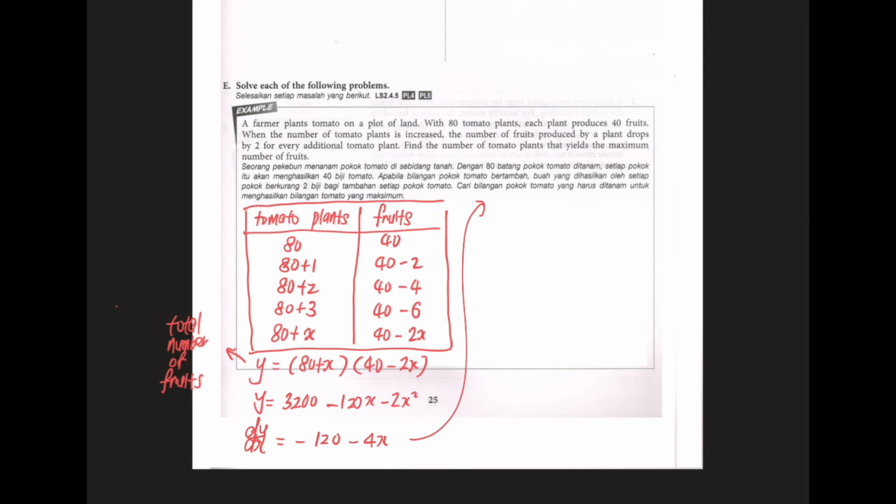Okay, then I continue here. You let dy/dx equal to 0. Then after that, minus 4x equals 120. And then you get x equals minus 30. Okay, then after that, how we know whether this is maximum?